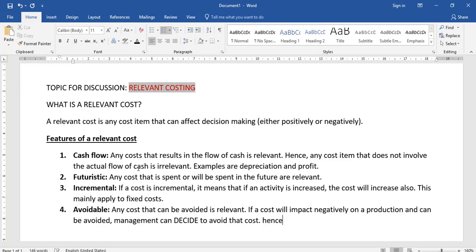Hence, that cost is relevant to management decision.